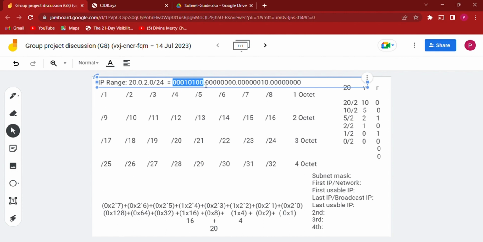When you count 1, 2, 3, up to 8, you get the octet, and then when you continue, you realize that this will be 9, 10, 11, 12, 13, 14, 15, 16. So these ones too, from 9 to 16, are also within the second octet.